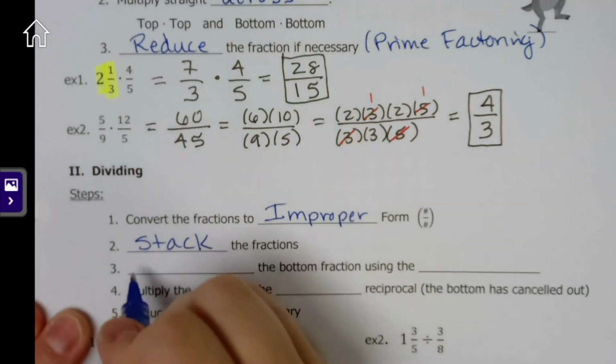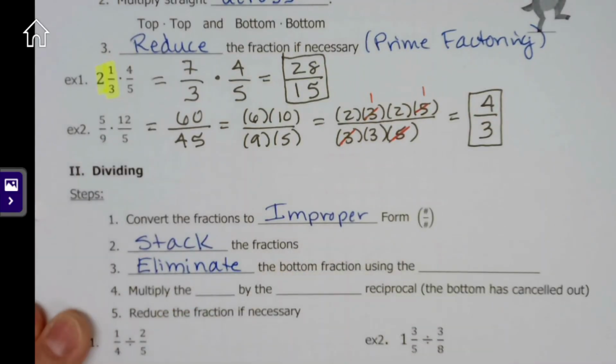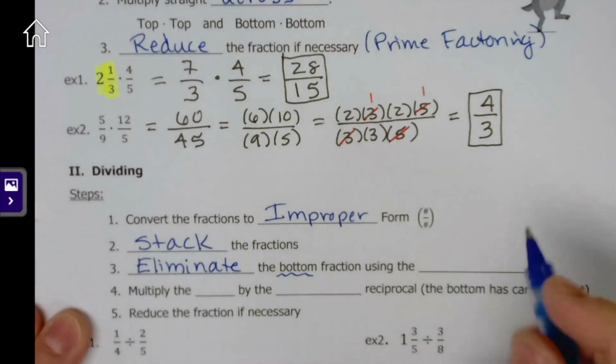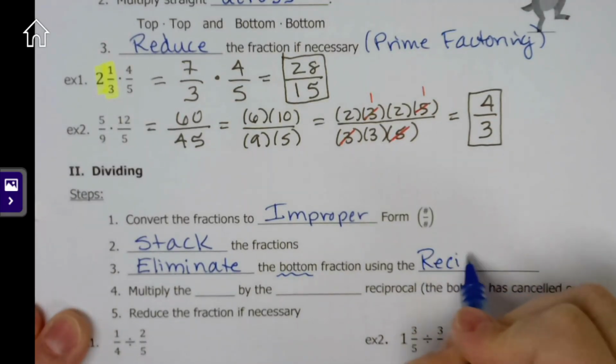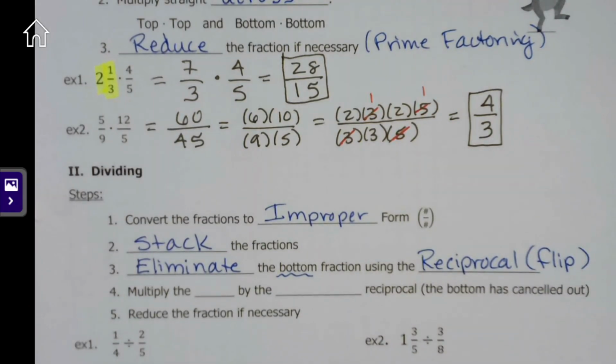Number 3, eliminate the bottom fraction using the reciprocal. The word reciprocal means you flip the fraction. You flip it over.